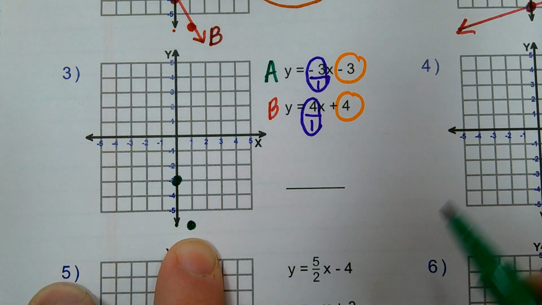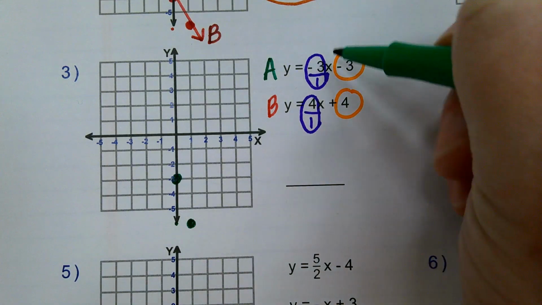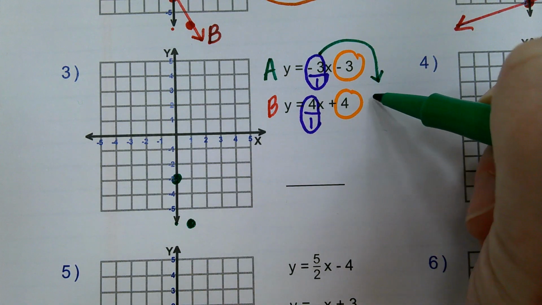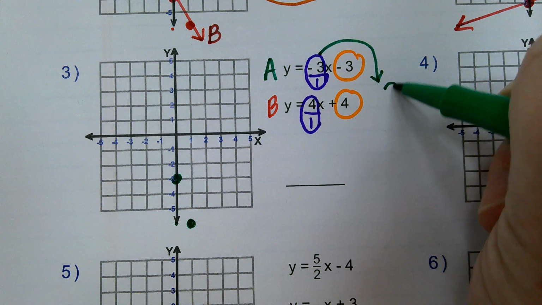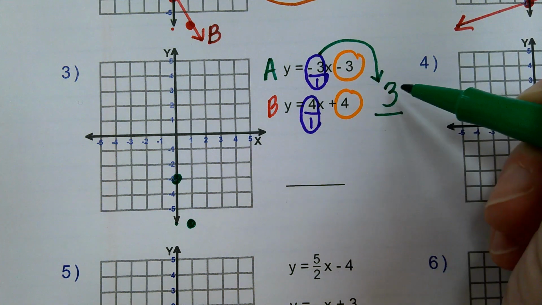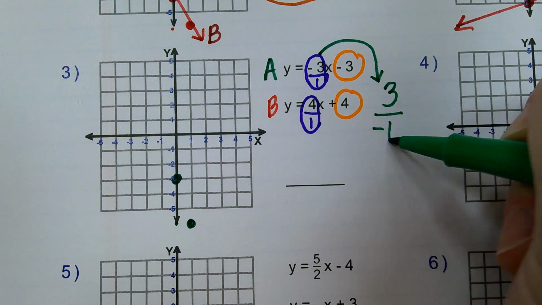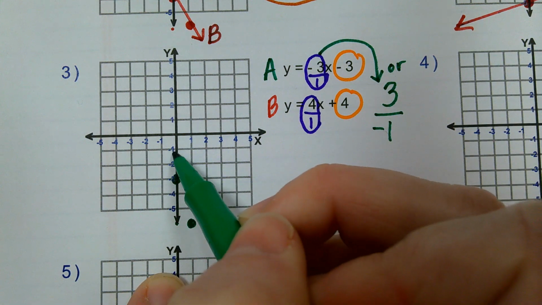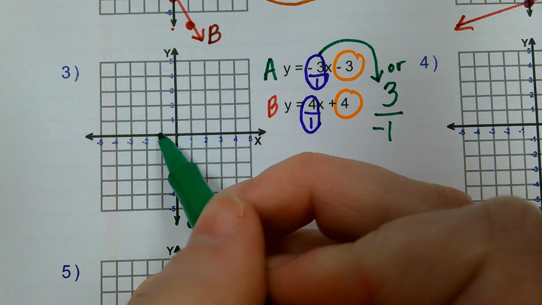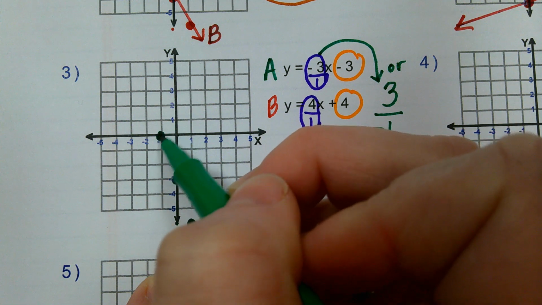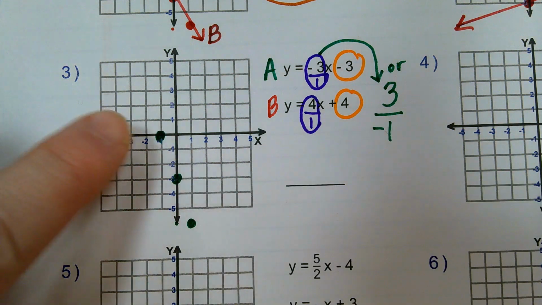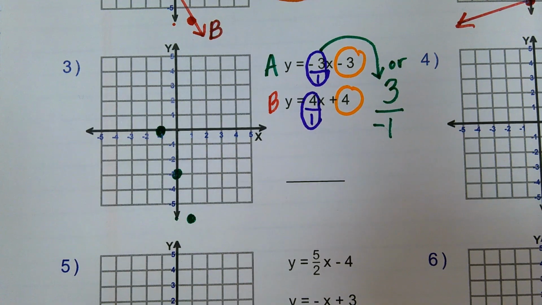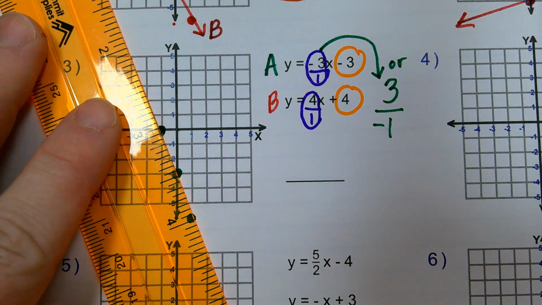If we don't want to go off the graph, what's the other way we could write our slope? +3, -1. Yes, instead of -3, +1, we could do +3, -1. So we could go up 1, 2, 3, and to the left, -1. Still falls on our graph, works just the same. Connect the dots.